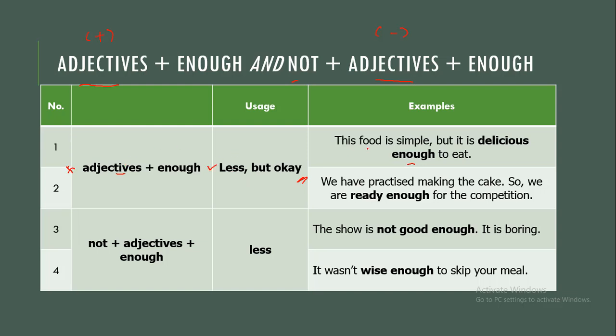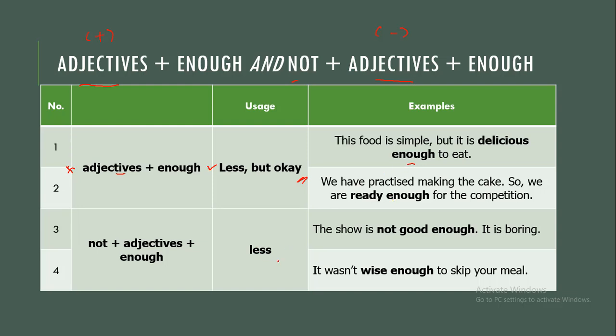So we do not say this food is simple, but it is enough delicious to eat. No, delicious is an adjective, so according to the rule, enough must go after the adjective. We have practiced making the cake, so we are ready enough, not we are enough ready for the competition.